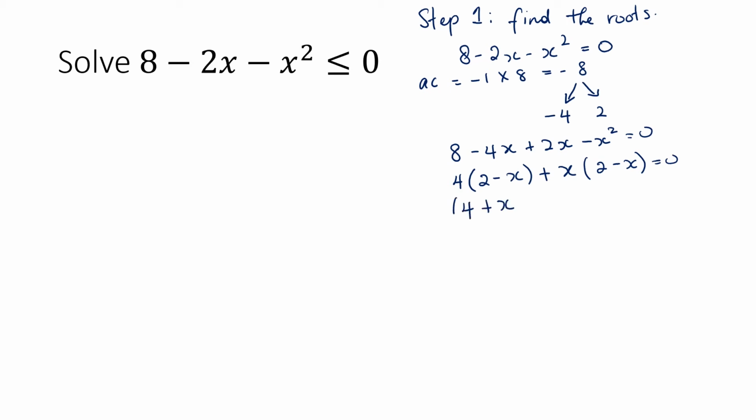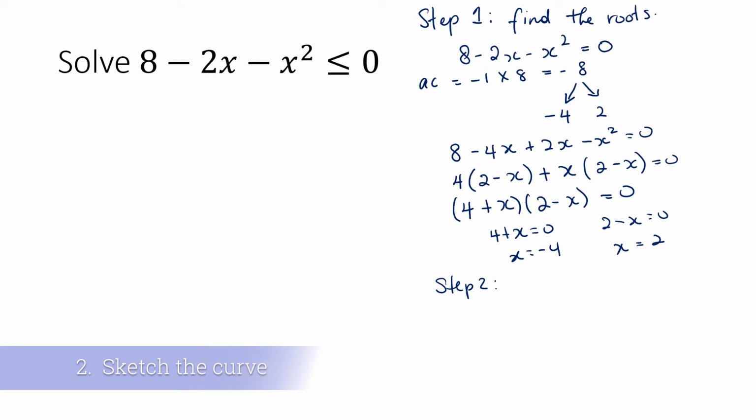You have 4 plus x and 2 minus x equals 0, leaving us with the roots: 4 plus x equals 0, so x is -4, and 2 minus x equals 0, so x is +2. Then our second step, we sketch.